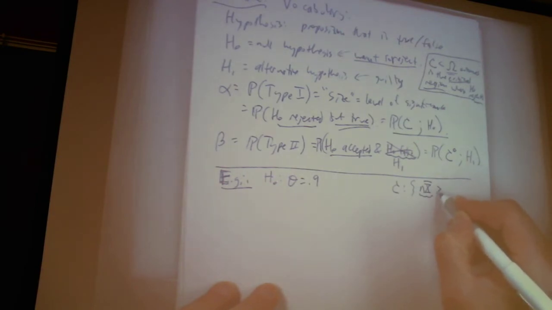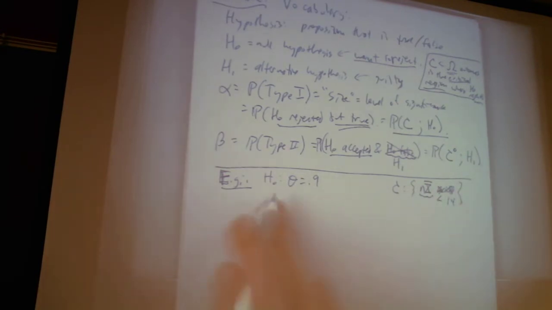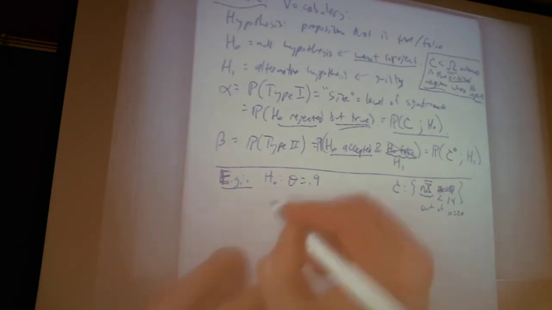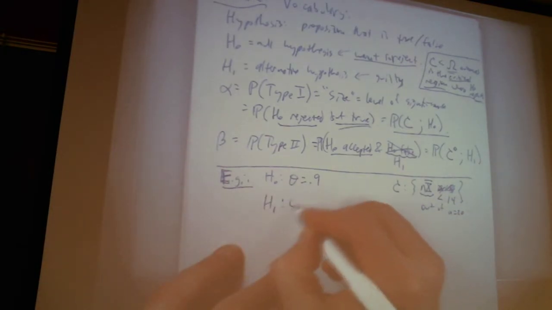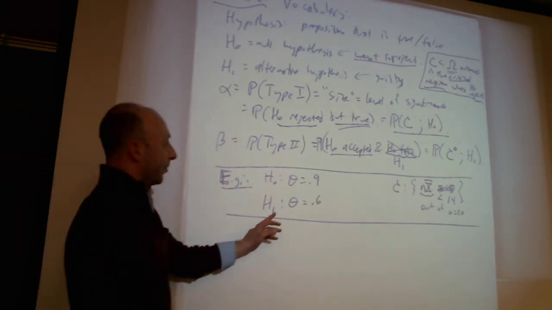And we said if at most 14 of them come out heads, we will reject the null hypothesis. That was our critical region, right? 14 out of 20, out of n equals 20. And we'll reject that in favor of the alternative hypothesis, which was theta was 0.6. I'm just reminding you of the example we had last time.